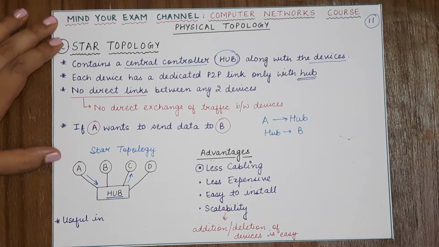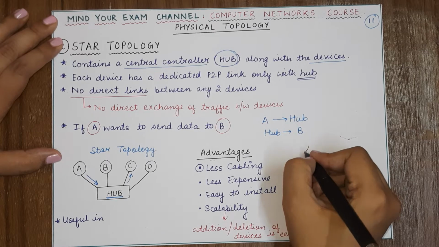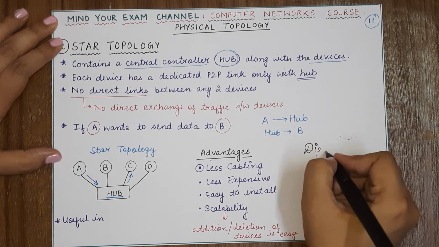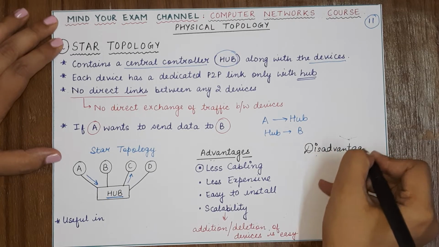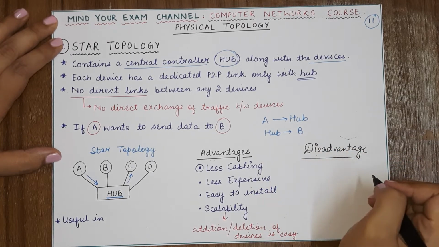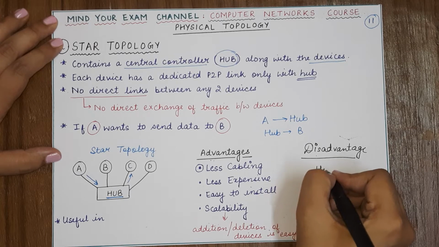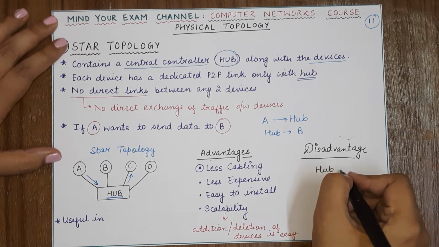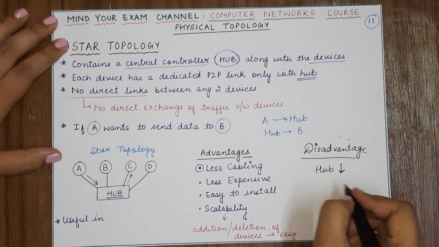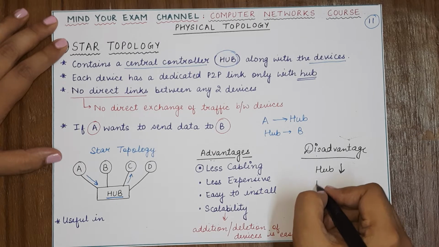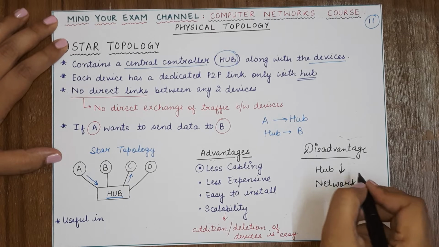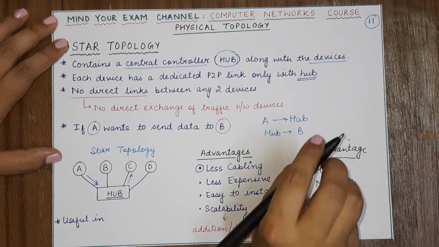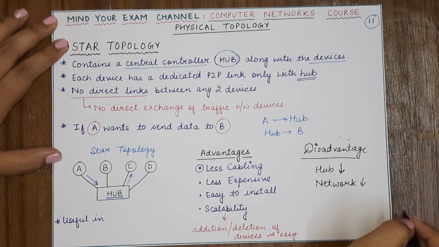Now, with its advantages, there comes a disadvantage of the star topology, and the biggest disadvantage of this topology is that if the hub goes down, everything ends. Okay, so if the hub stops working, the entire network goes down, because it is through the hub that the entire communication between all the other devices is taking place.